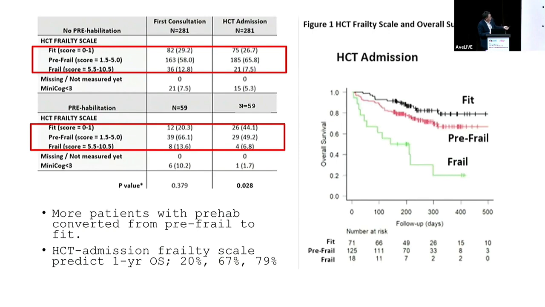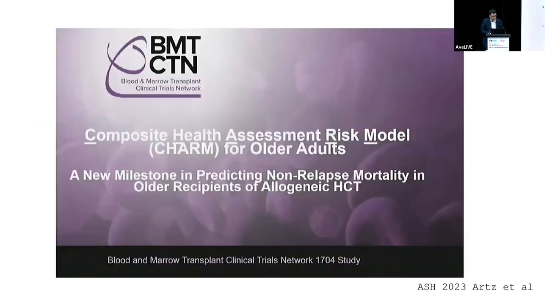The fit percentage improved from 20% to 44%. But without prehabilitation, more patients dropped from fit down to pre-frail, 29% of patients. That shows that you can potentially intervene and help the patient to improve their fitness so that they can end up with a better survival later on.